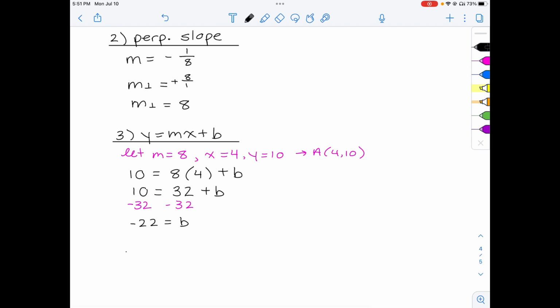Okay, so then we could say, therefore, the altitude through A is given by this equation, y equals 8x minus 22. And that is the equation of the altitude.